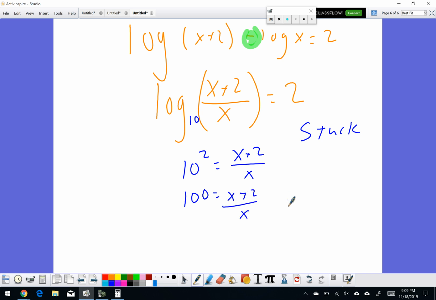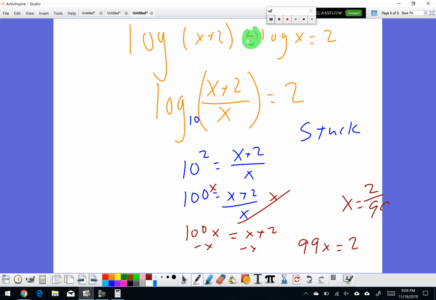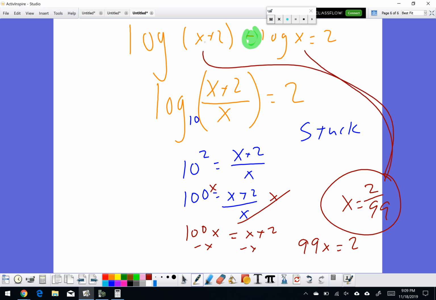I'm going to go ahead and times x to both sides. Because those cancel out. Subtract the x. Plug in there, it looks good. Plug in there, it looks good. Okay? Pretty simple.